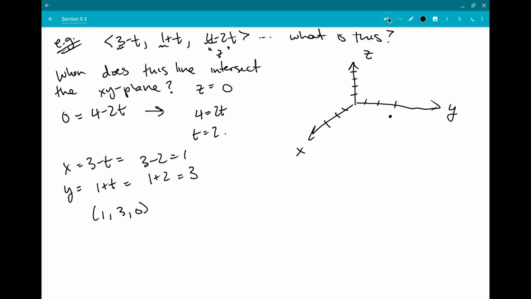That's the point that was given to us. So we could also sketch that one when I'm at x equals 3, y equals 1, and z equals 4. That's approximately right there. I'm still on this line.